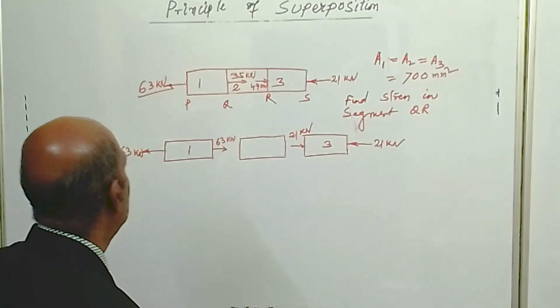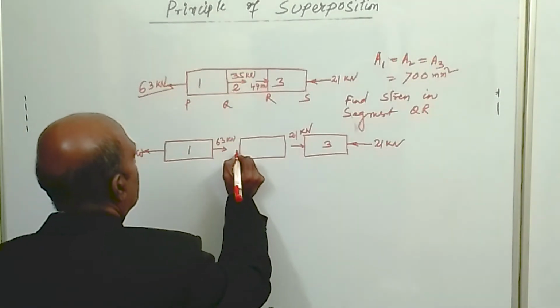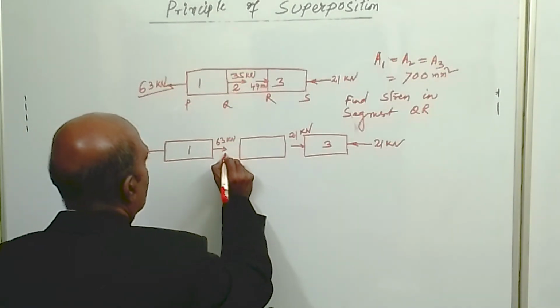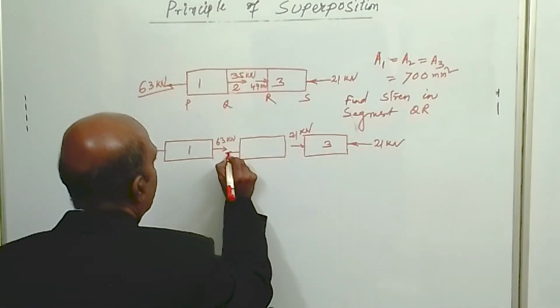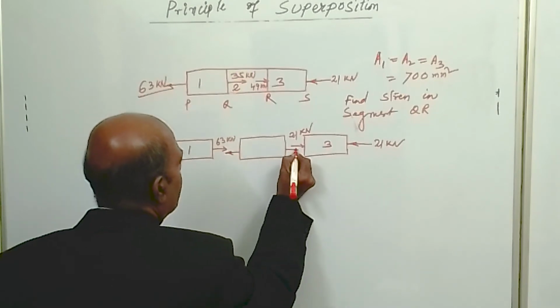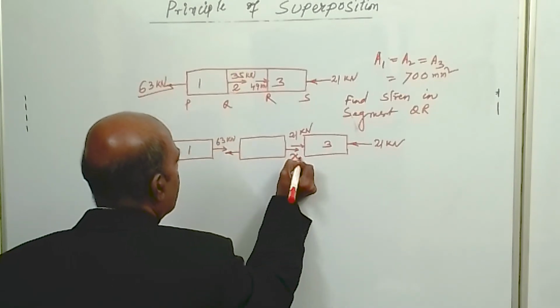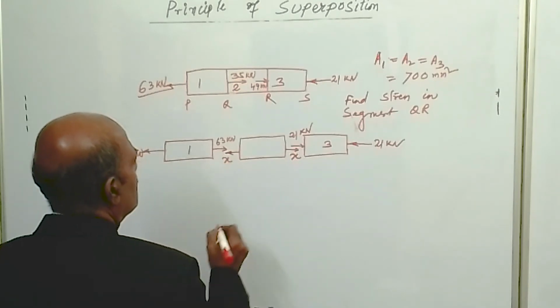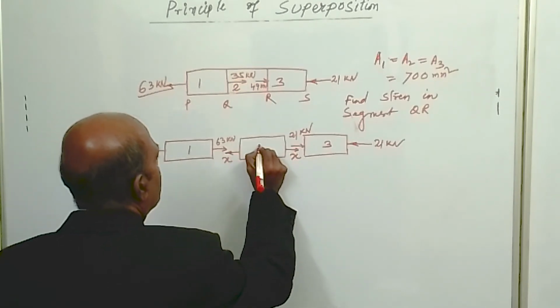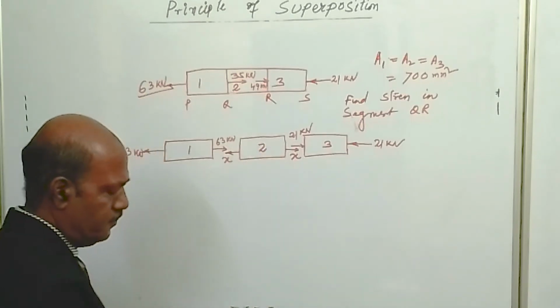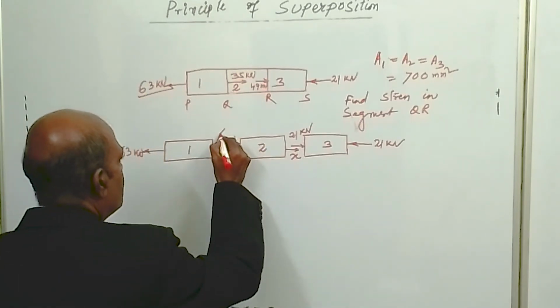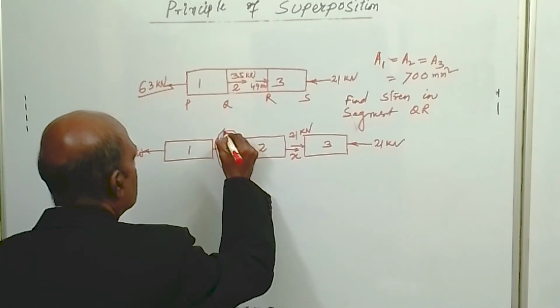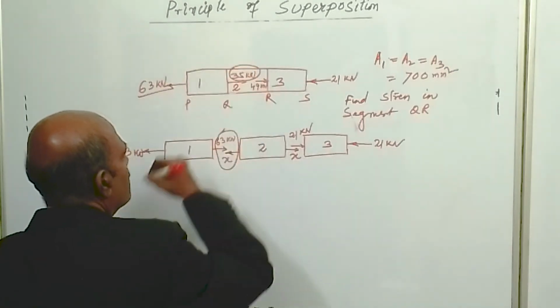Now in the second segment we don't know what is the force acting. Say the force acting here is x kilonewton, and this is segment 2. Now the sum of these two forces will be equal to 35 kilonewton.